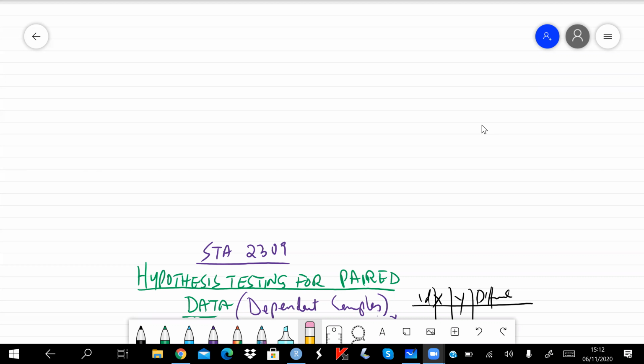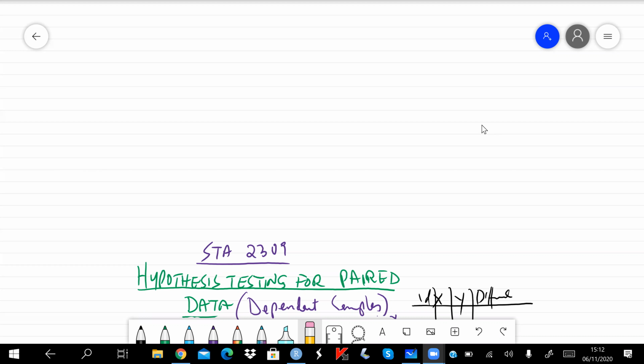In the previous class, we looked at hypothesis testing for independent samples. But you notice that there are many cases when the assumption of independence is violated. This happens when you take measurements from the same individual on different occasions.